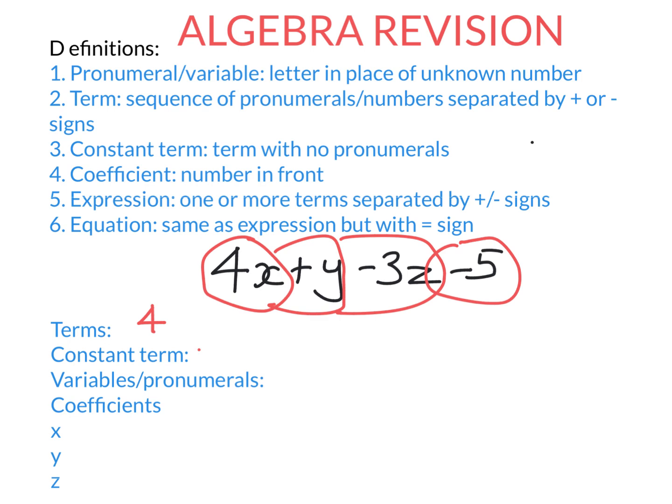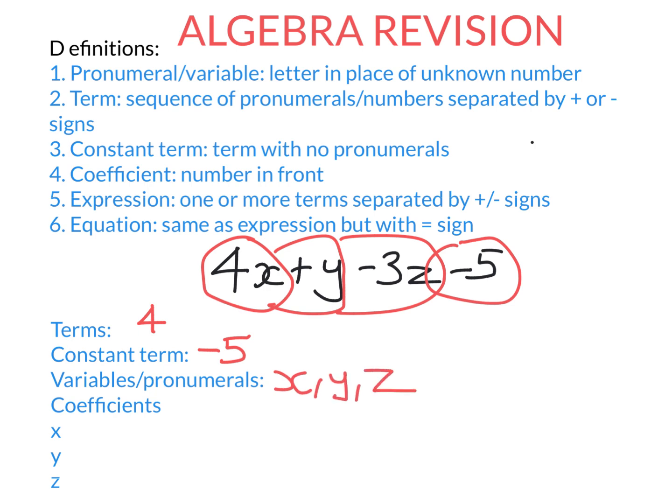So negative 5 is called the constant term because of these terms, it's the only one that doesn't have a pronumeral or a letter attached to it. So the variables or pronumerals in this are x, y, and z.